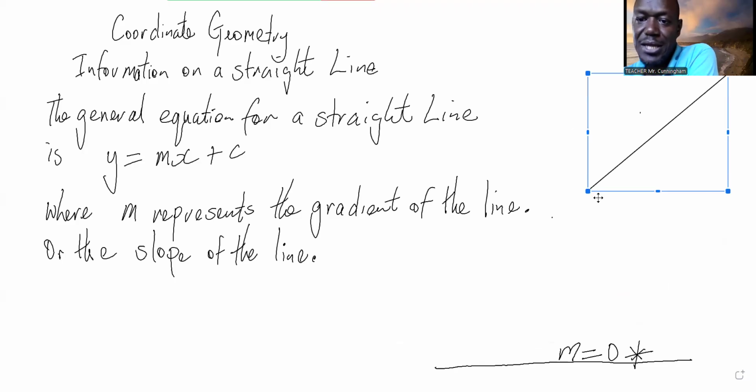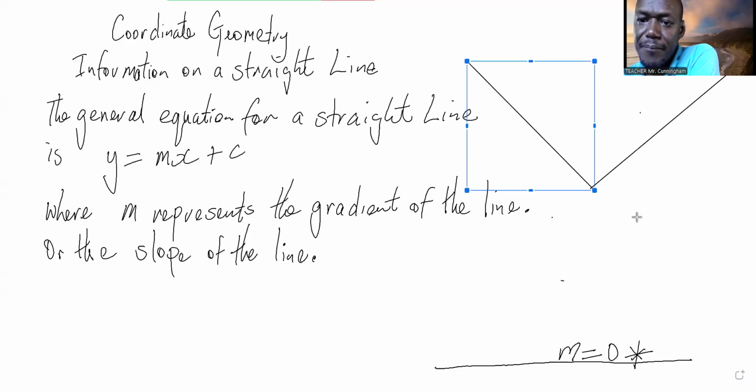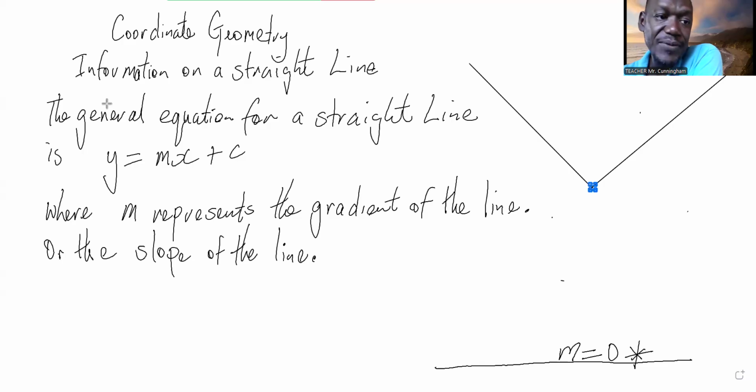This line has a positive gradient, but lines that go the other direction have a negative gradient. I call it my y technique.